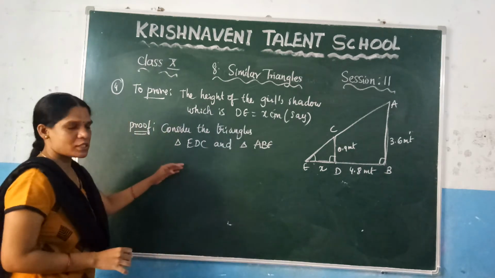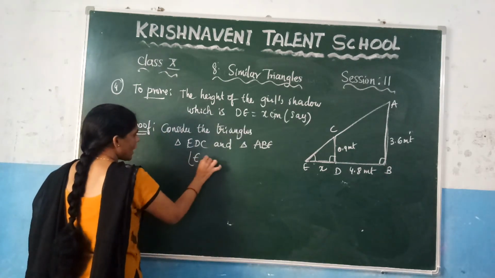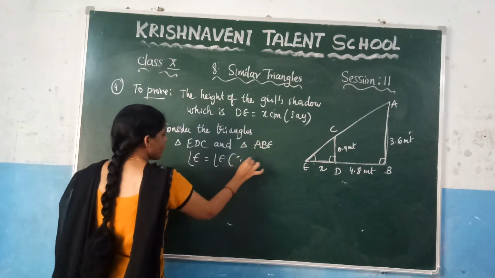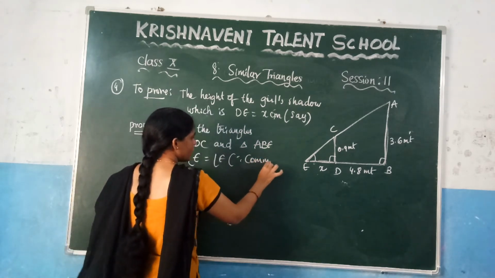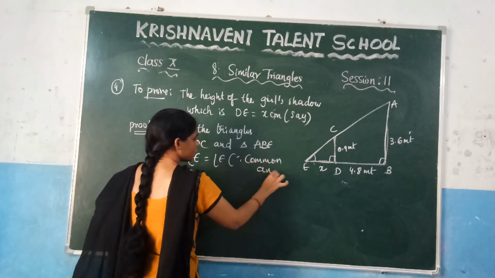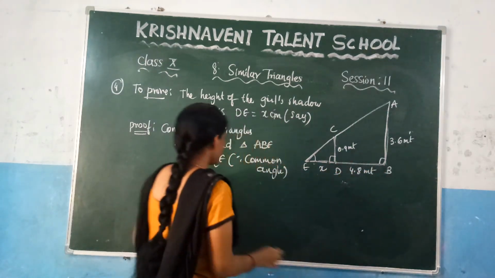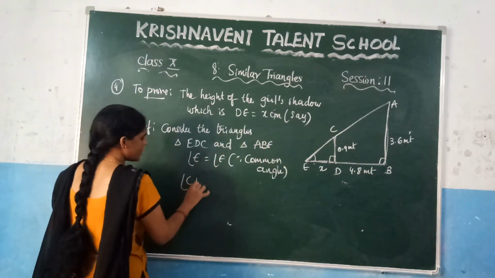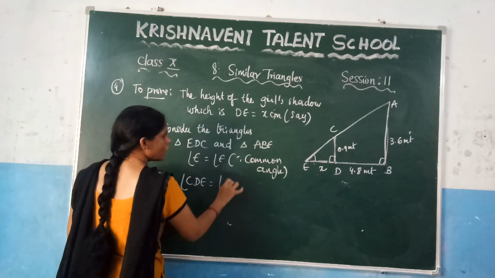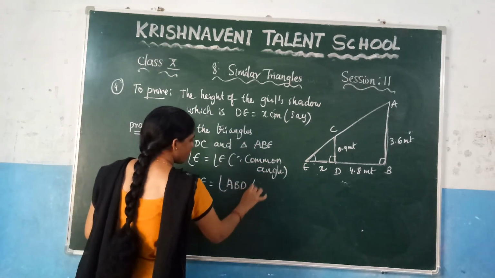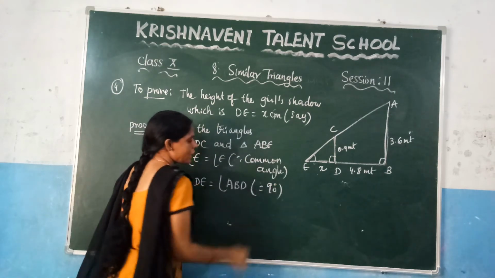So here if you consider these two triangles, you know that angle E is equal to angle E. Why? Because it is the common angle. And after that angle D is equal to angle B. So write it here angle D which is nothing but CDE is equal to angle ABD. Why? It is equal to 90 degrees.